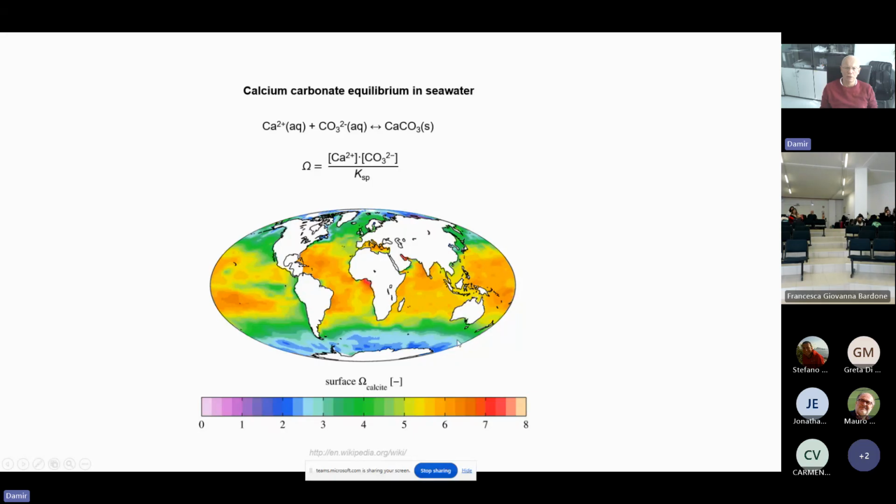The lowest supersaturation is in the regions where there is a high impact of fresh water from running water, such as the Antarctic region and Arctic region.